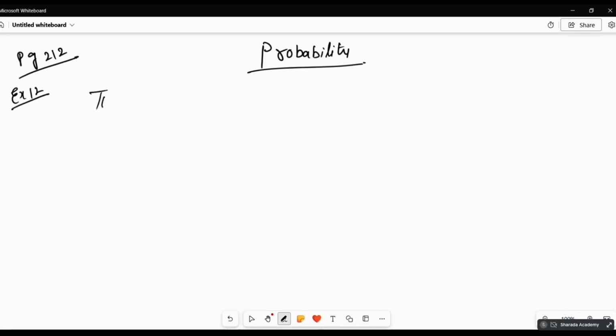So the total number of shirts is equal to 100.